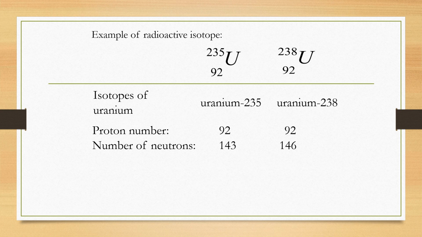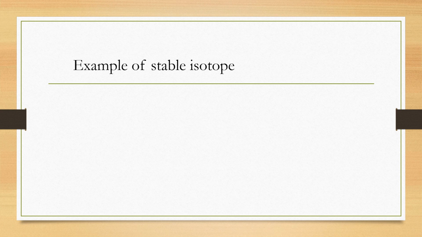Uranium-235 has 143 neutrons, while uranium-238 has 146 neutrons. These are examples of stable isotopes: isotopes of carbon.